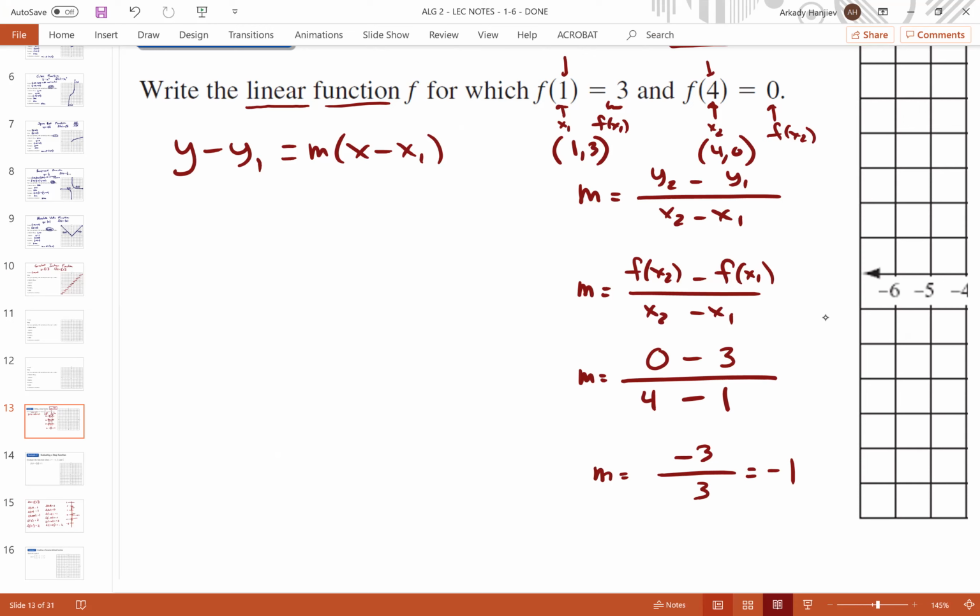Now we have to pick which point we want to use. I'm going to use 1, 3 for my point. So y minus 3 is equal to my slope value, negative 1, times x minus 1. We know how to do this already. Can you solve for y?